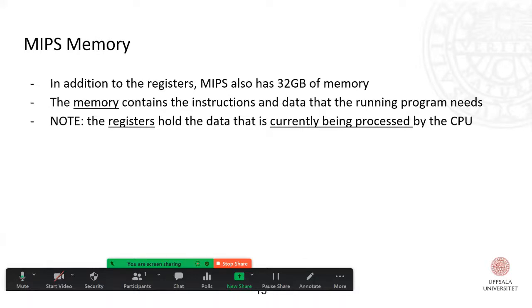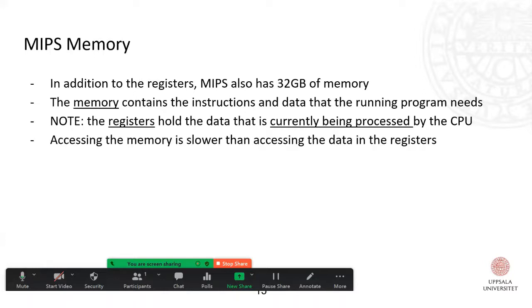Because the registers are very small and limited, they only store the data which is currently being used in your computations. And as I have said several times in this lecture, memory or RAM in a CPU is slower than registers.